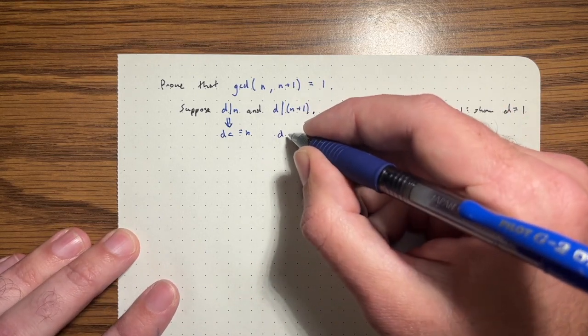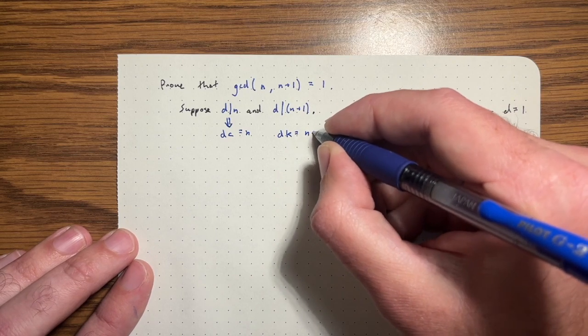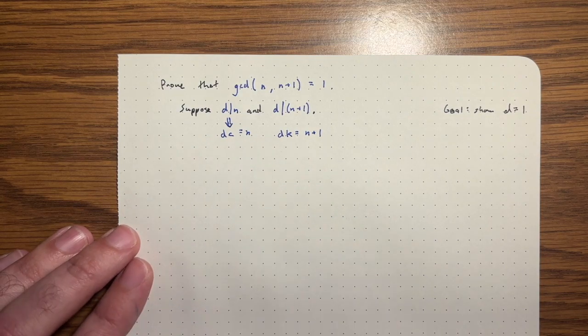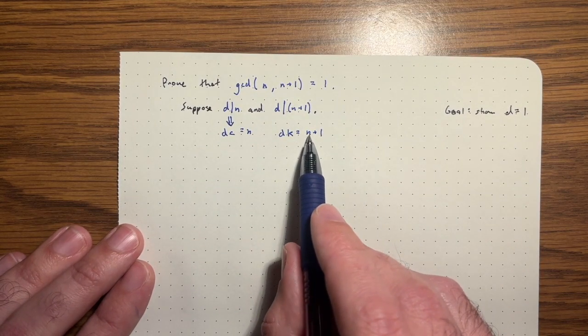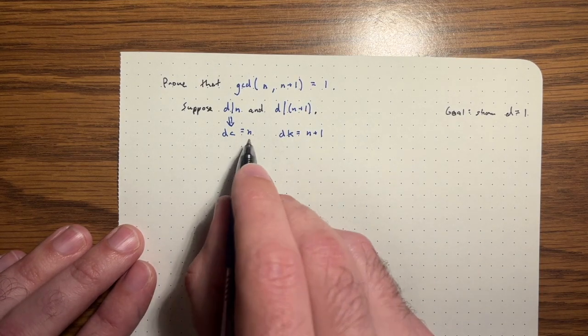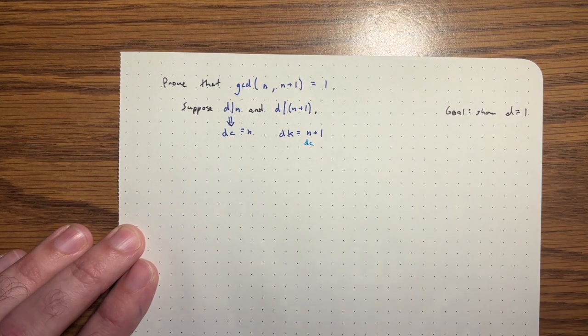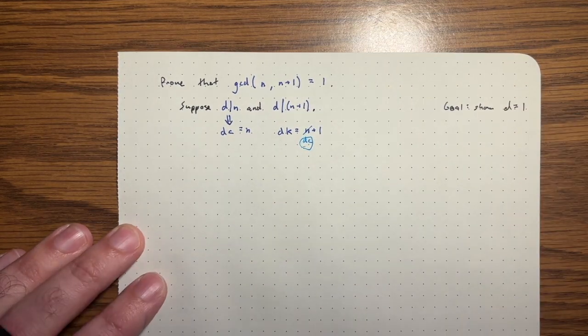It means that D times some number, K I guess, equals n plus 1. I'm not using the same C there, it could be a different one. Now I see n in both of these, so I'll replace this n with DC.